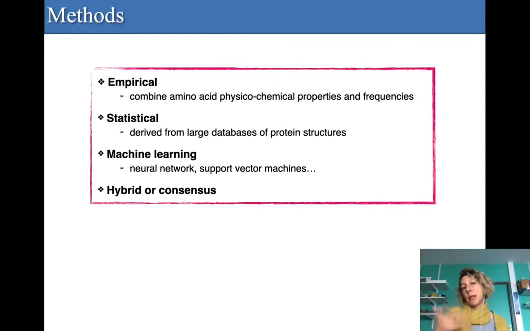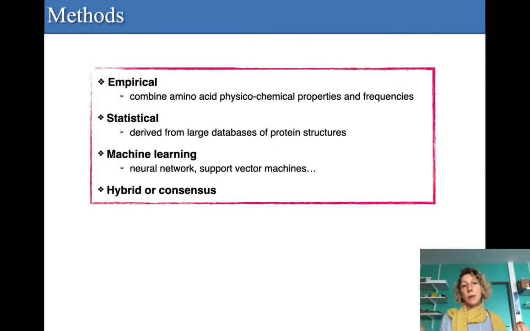Here is a possible classification of these methods. You will see that in structure prediction we always have this kind of distinction between what we call empirical methods, which rely on the knowledge that we have acquired on the objects we're looking at, so based on the physical chemical properties of the amino acids.